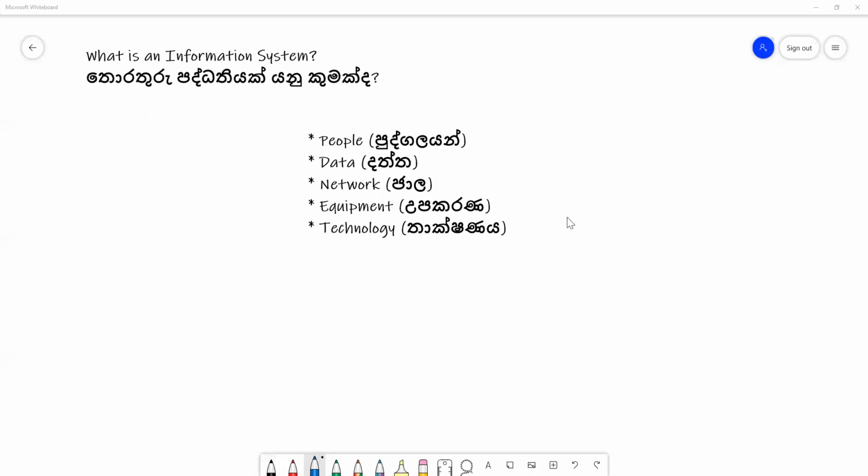When you ask what is an information system, තොරතුරු පද්ධතියක් කුමක්ද කියලා අහුවොත් කොටස් පහක් ගැන කියන්න පුළුවන්. We can talk about 5 things. We can talk about people. In an information system we have people. පුද්ගලයන් ඉන්න ඕනි. We have to have data. දත්ත තියෙන්න ඕනි. We have to have a network. ජාල තියෙන්න ඕනි.